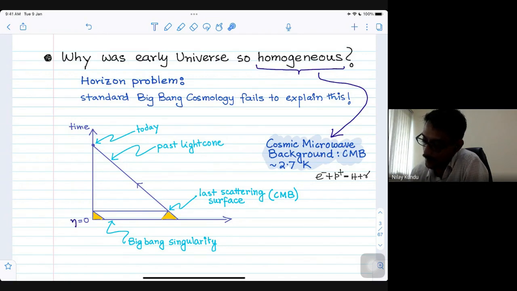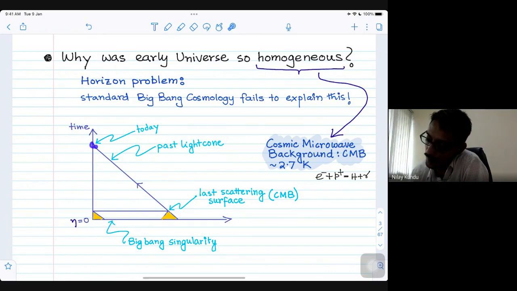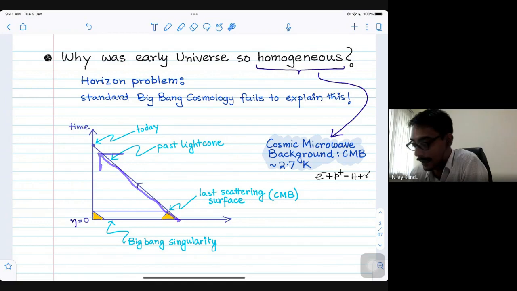So this y-axis is the time, and this is our spatial direction. Let's say we are here at this point, which is today, and light from very far in our universe was coming to us along this direction.